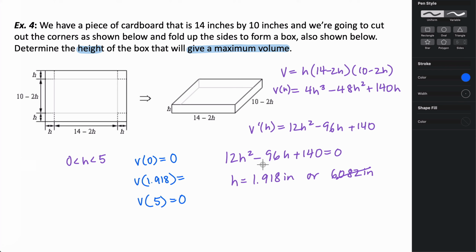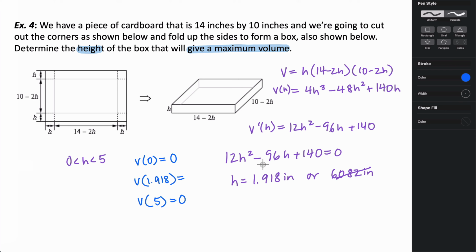So it's going to be 4 times 1.918 cubed minus 48 times 1.918 squared. Make sure you're plugging into the right formula. Plus 140 times 1.918.